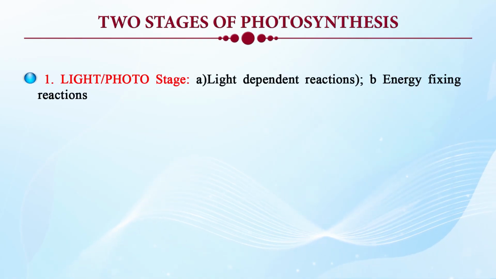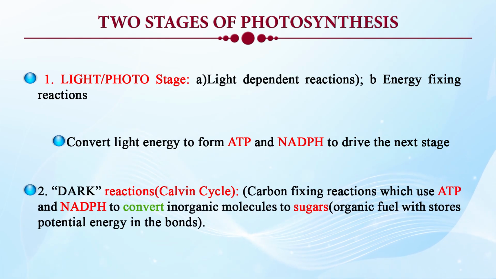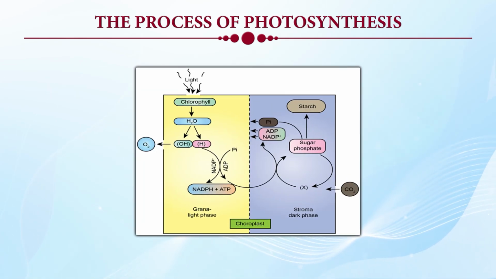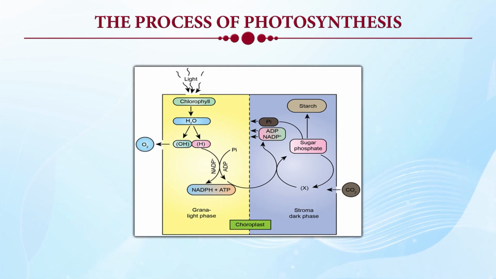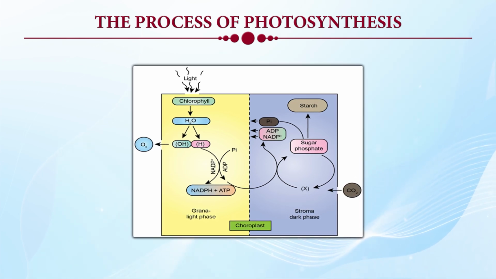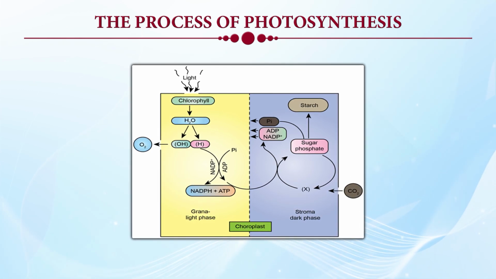Just to recapitulate, there were two stages of photosynthesis that we had established, namely the light and the dark reaction. And of course, the Q10 of both was different, thereby indicating that the light reaction was a pure photochemical change and the dark reaction was a thermochemical process.